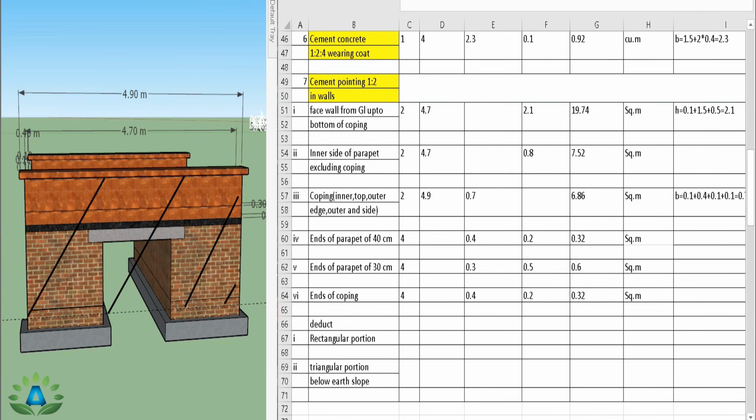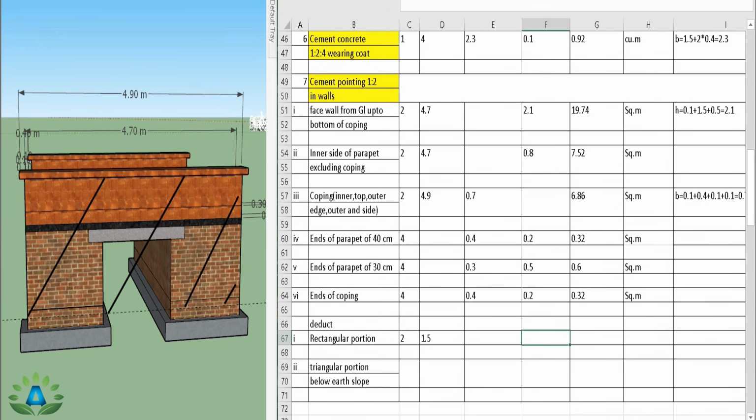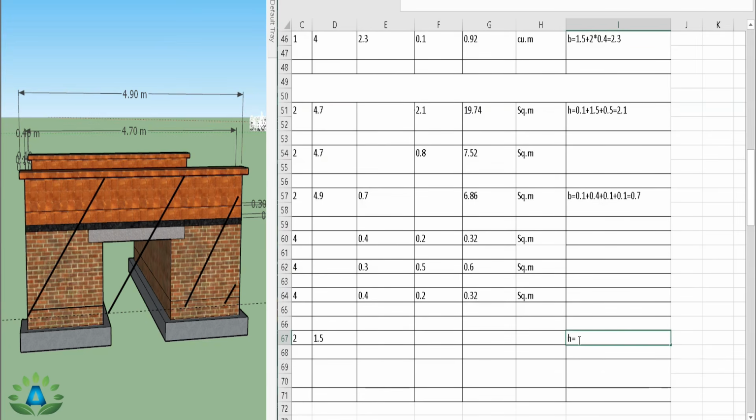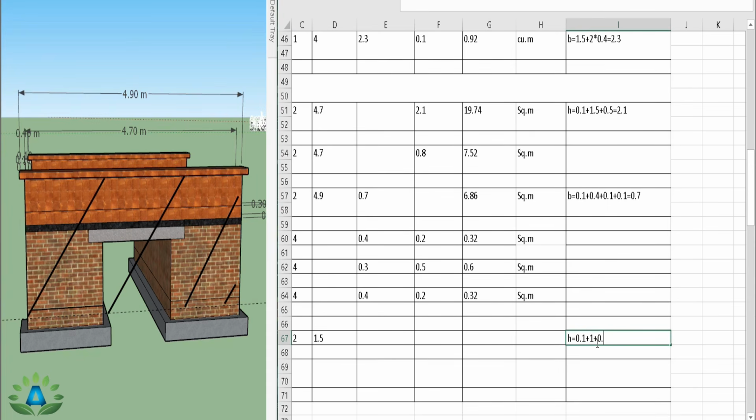So we have 2 numbers of this rectangle and the length of this small portion is 1.5 meter, so length equals 1.5, and we have to reduce this height, that means the height is 0.1 meter from the ground level plus 1 meter plus 0.2 meter for the 20 centimeter RCC slab, that is 1.3 meter. And we get our total quantity 3.9 and the unit is meter square.